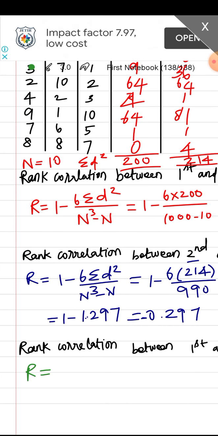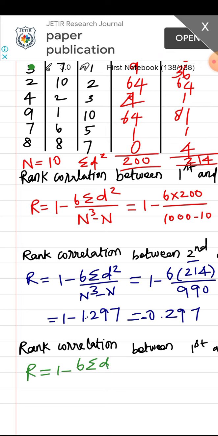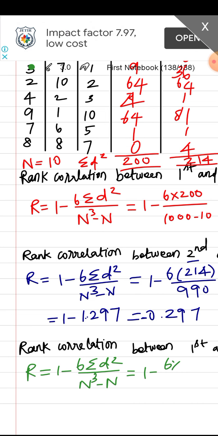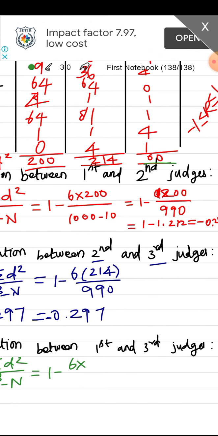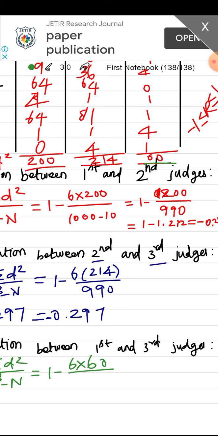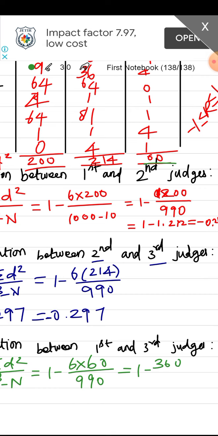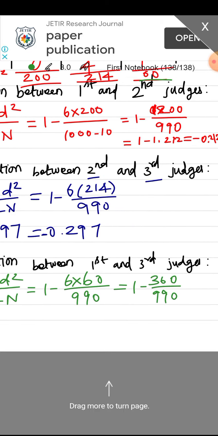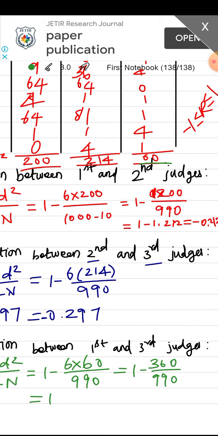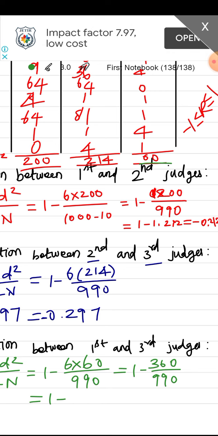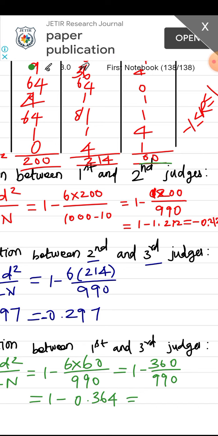Next we have to find the rank correlation between first and third. So r equals 1 minus 6 summation d square divided by n cube minus n. Here summation d square is 60, divided by 990. So that is 1 minus 360 divided by 990, which is equal to 1 minus 0.364, so that is equal to 0.636.